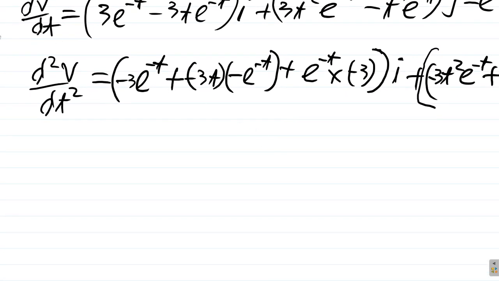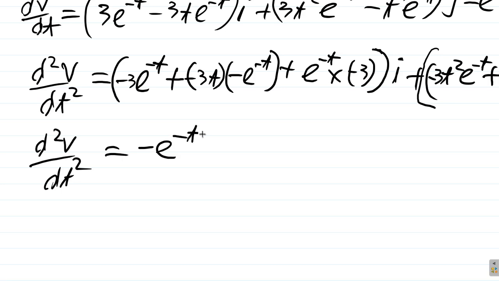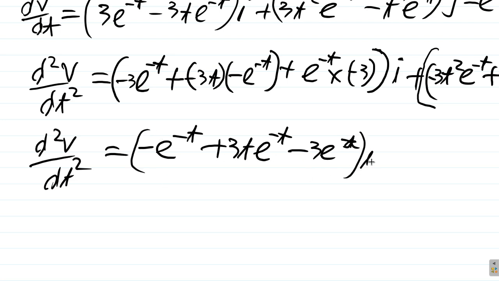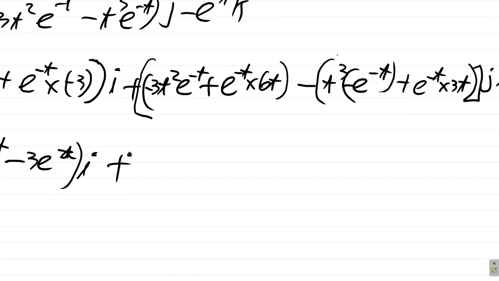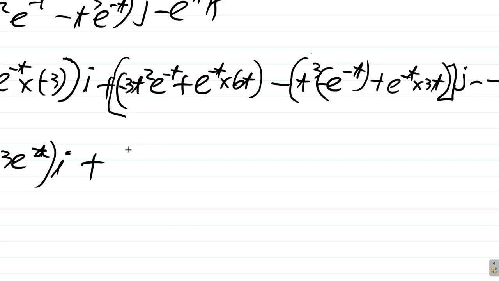So, we'll see what happens here. d squared v by dt squared equals, alright, so it's going to be negative e to the negative t plus 3t e to the negative t minus 3e to the negative t, i, plus now this is going to be, let's see, the 3t squared e to the negative t plus 6t e to the negative t.